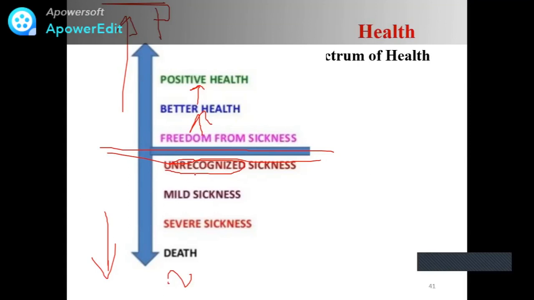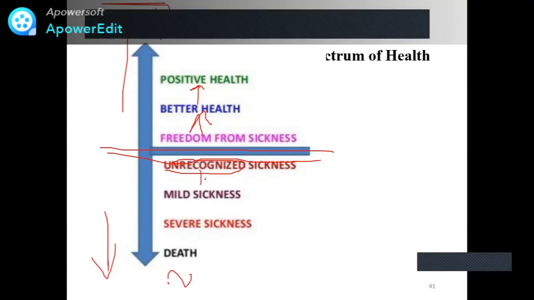Then it leads to mild sickness, small sickness. Then mild sickness leads to severe, serious sickness, and finally leads to death. This is the spectrum of health.